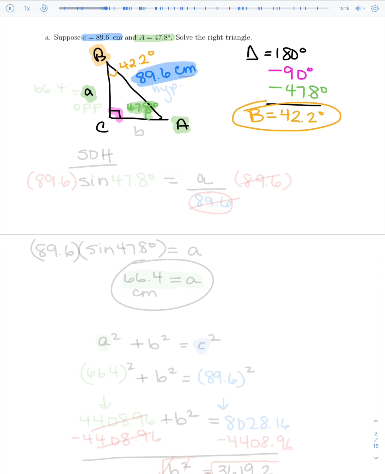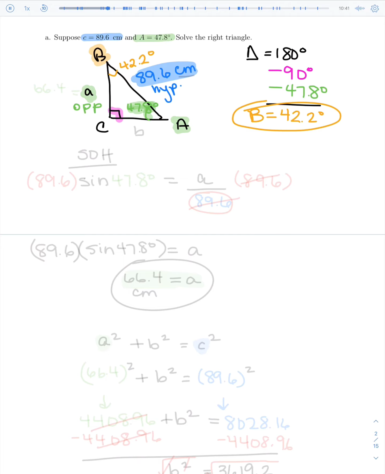So we need to talk about what sides I have. If I'm using angle A and side A, well, side A is opposite of angle A, and we know that side C is always the hypotenuse. So what trig function has opposite and hypotenuse?